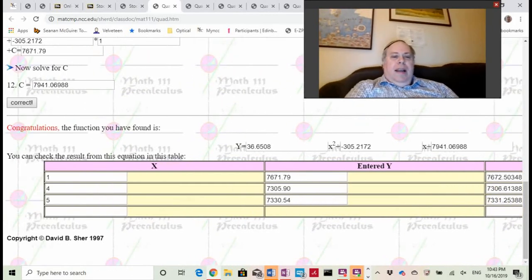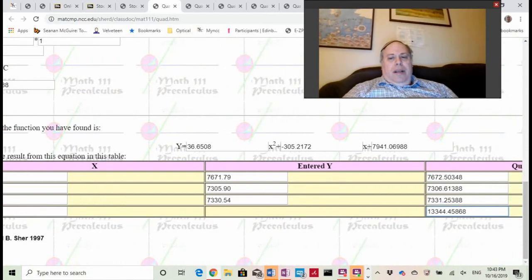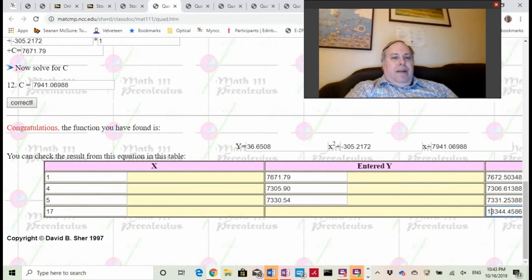All of them are within $1 out of 7,000. Eventually we're going to need month 17, because this is going to be due at the beginning of November. When we put 17 into this function, this is what it predicts for the Nasdaq: 13,344.46. That's going to be interesting.